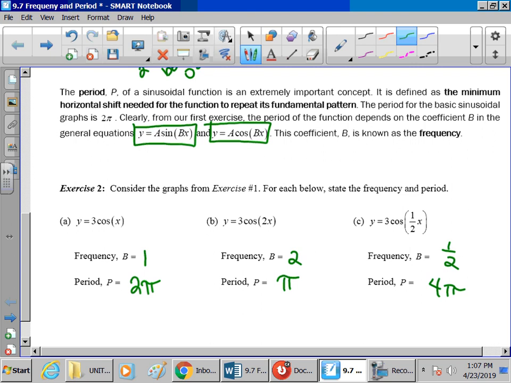So as you can see, from exercise 2, the frequency and the period are inversely related. That is, as one increases, the other decreases, and vice versa. So examine the results from exercise 2 and what is true about the product of P and B. Can you think about what the relationship is between the two of them?